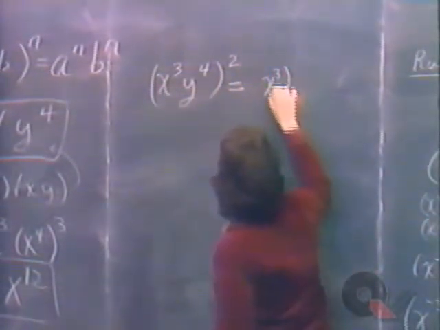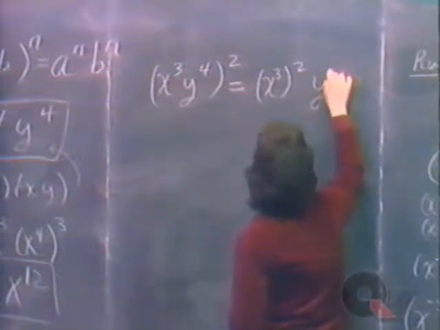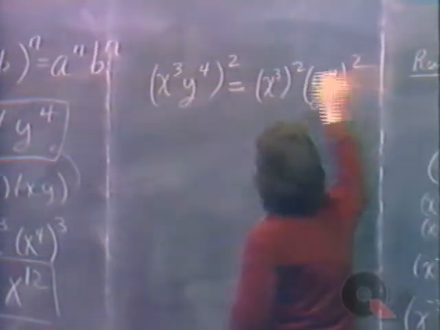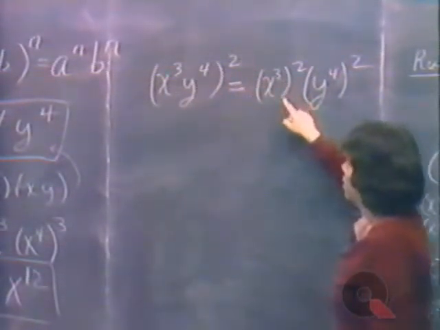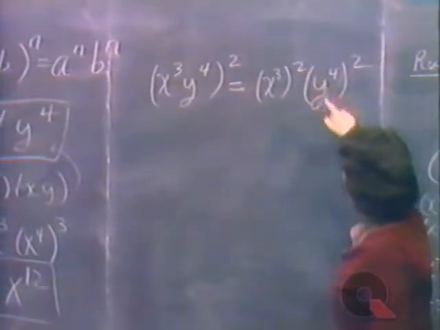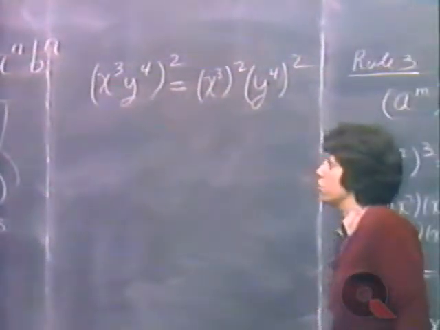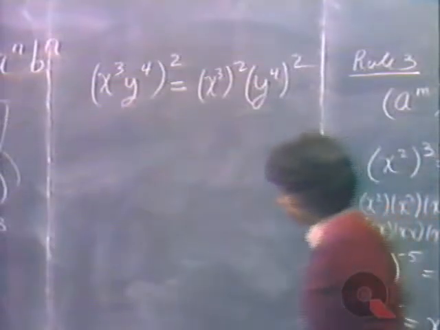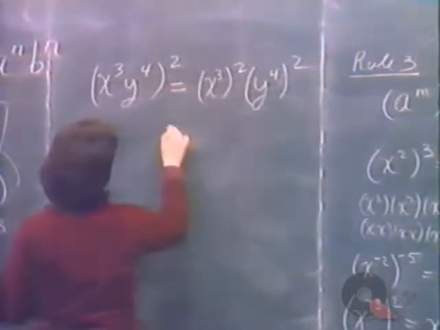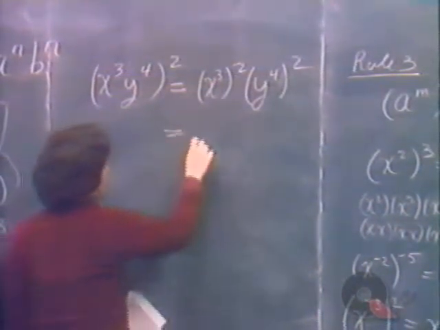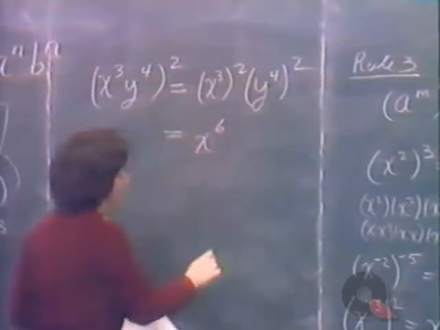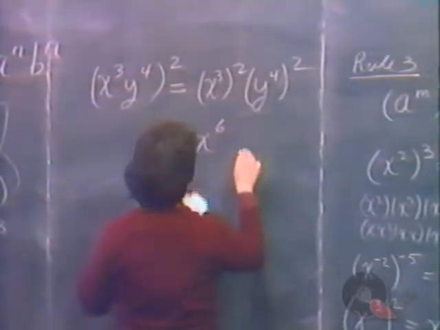So x cubed squared times y to the 4th squared. ab to the nth power, a to the n, b to the n. And now we're going to use Rule 3 again to get x cubed squared, that's x to the 6th. We multiply the powers. y to the 4th squared is y to the 8th.